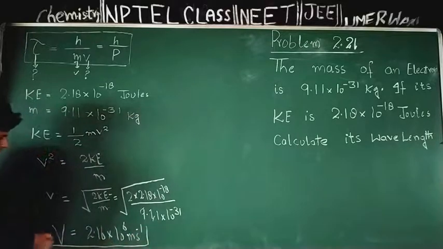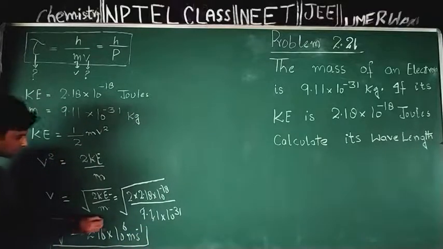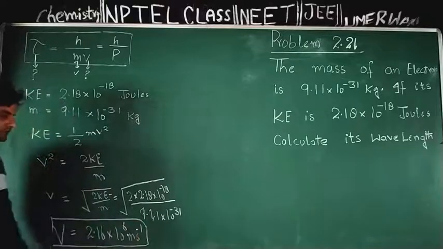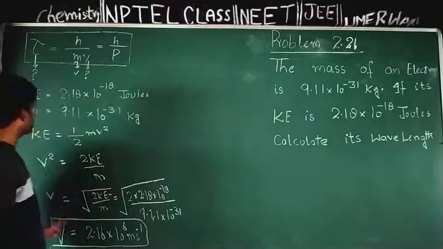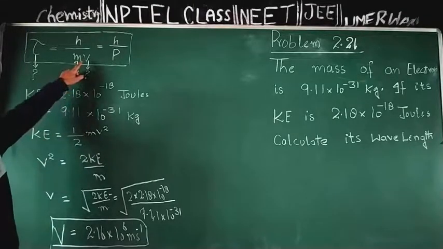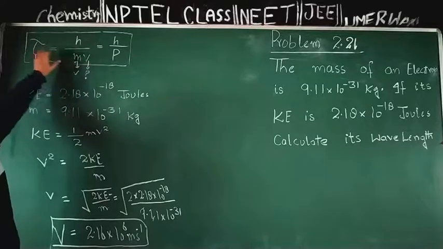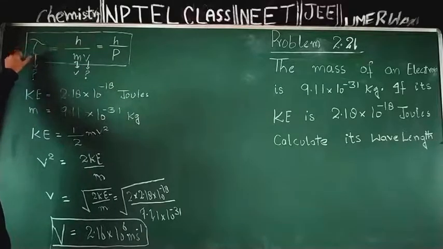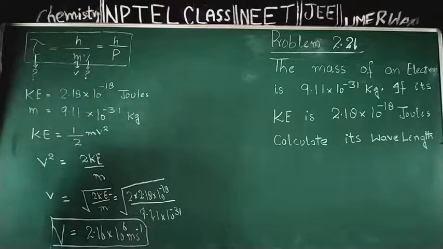This is the velocity of electron, which I calculated from its given value of kinetic energy. Now I will utilize this value of velocity here in order to determine the wavelength of the wave which is associated with the moving electron.